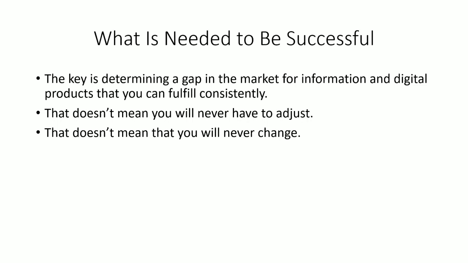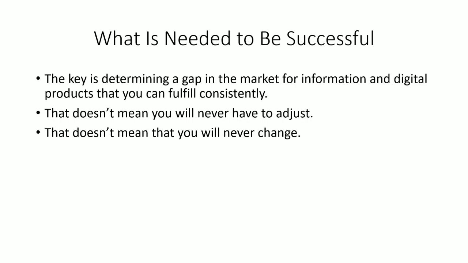That doesn't mean you guessed wrong about the gap for information. It could just mean that that product has bad timing. Every time you bring a product to market, it's not going to be a home run. You've got to be consistent in what you deliver. And so coming to the marketplace, deciding you know what the market is, you know where the gap is, you know how to consistently provide for that particular part of the market.